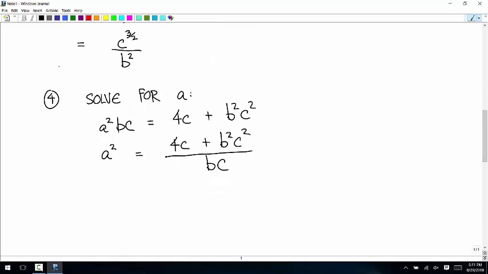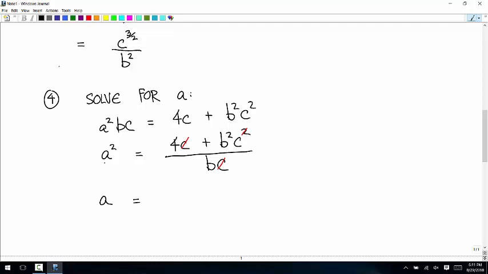I guess I'll cancel this b with... oh no, can't cancel the b's, we can cancel the c's. So I'll cancel this c with this c and one of those. And then I'll take the square root of both sides.